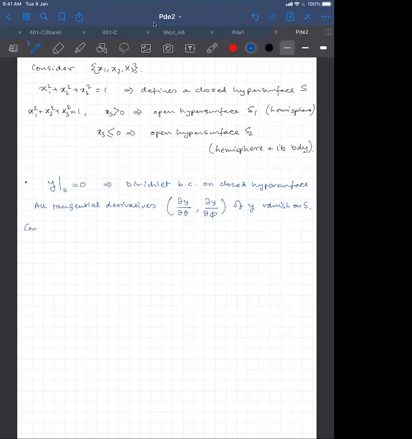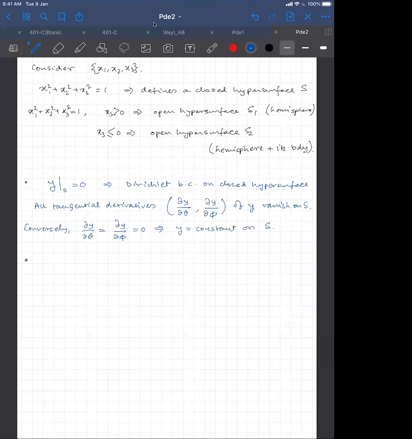Conversely, given that del y del theta is equal to del y del phi is equal to 0, this would mean that y is equal to constant on this. Okay. Very good. So that is that. That was one.